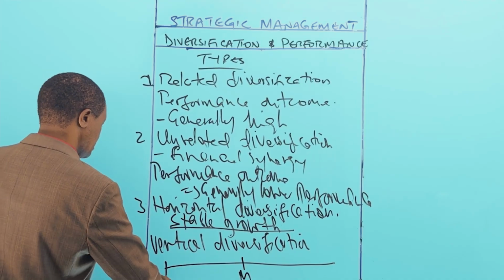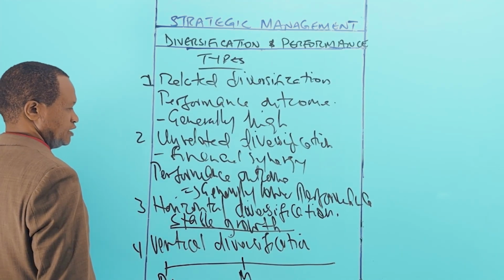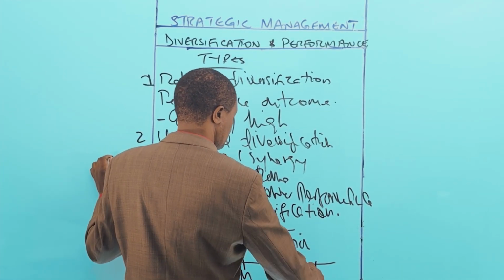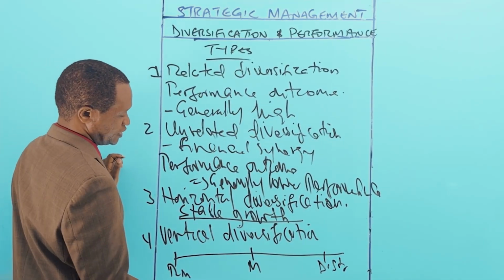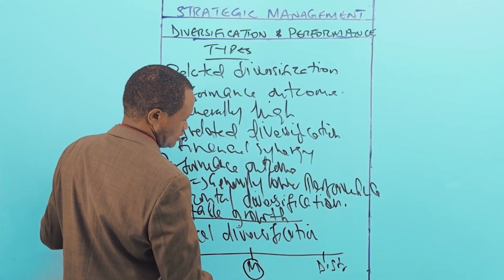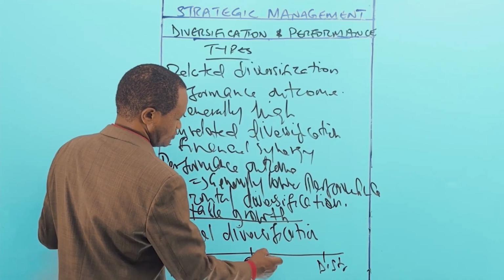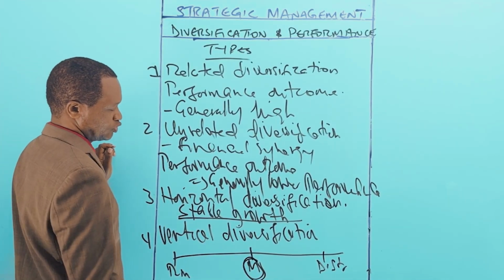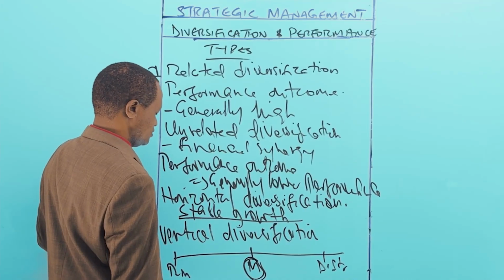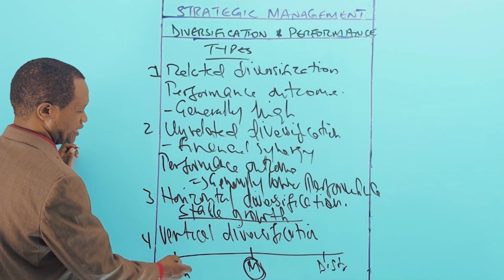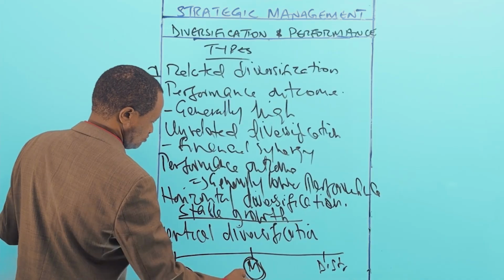There is the raw materials, and there is selling or distribution. If you have a company that manufactures, say, books, to publish books, you need raw materials like paper. So you have suppliers of raw material for publishing of books.